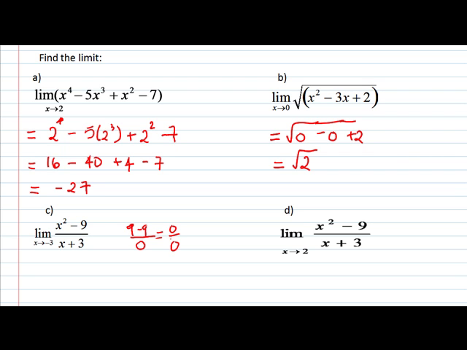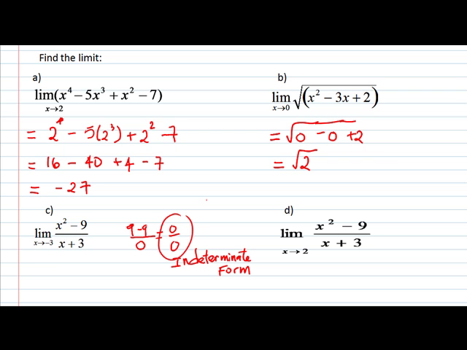This form here we call indeterminate form. We don't know what 0 divided by 0 equals, because we cannot divide by 0. And also because minus 3 is not inside this domain.